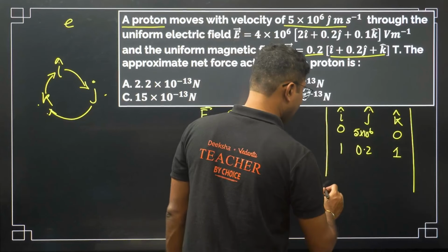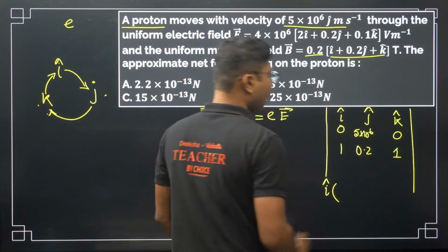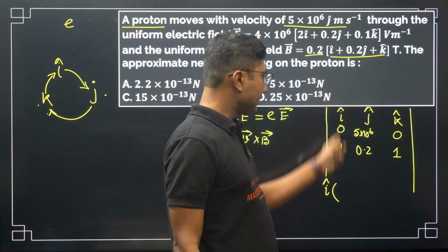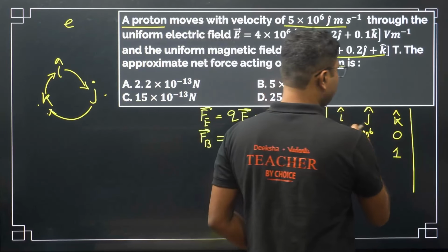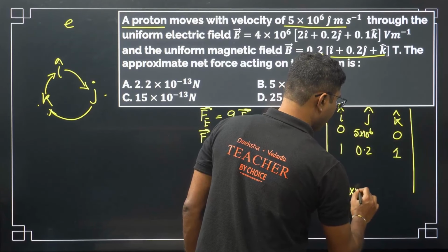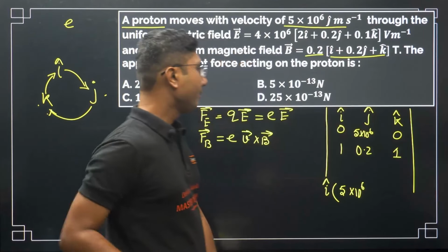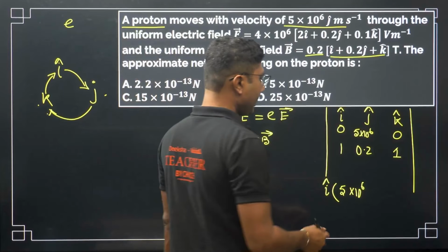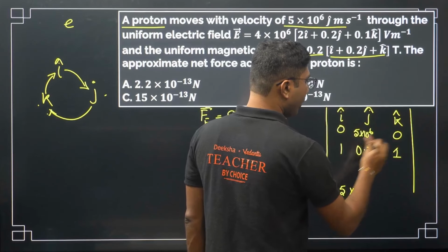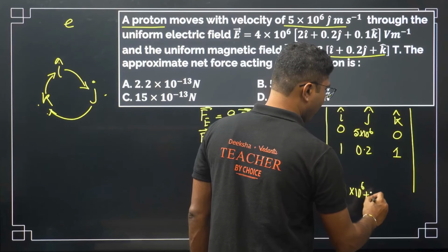So first is i cap. Exactly the way you do the determinant, first you take this column, cover both of them and multiply these two. So 5 into 10 to the power of 6. Then you have 0.2 into 0, so plus 0.